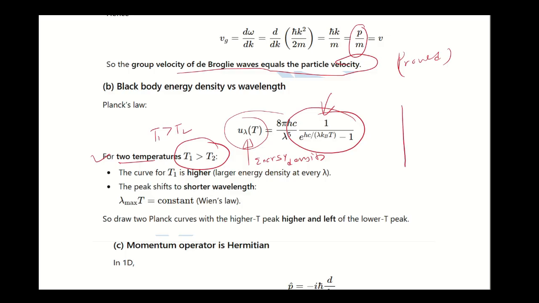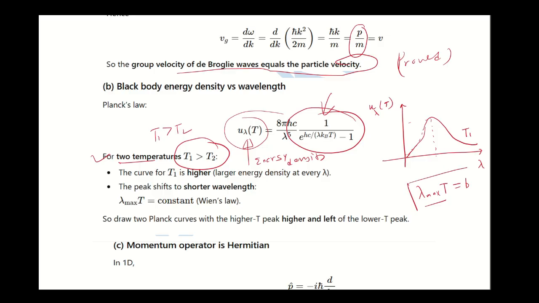So if we plot this u versus lambda, that is u lambda versus lambda, we get this type of plot. This is for a particular temperature. Now from Wien's displacement law, lambda max times temperature T always gives a constant value.